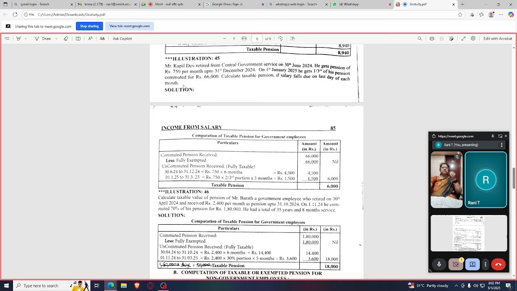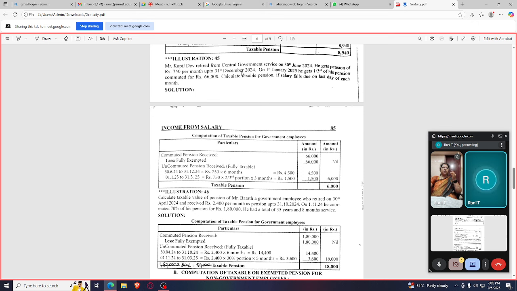So, let me go to the solution. 66,000, as it is commuted. What is the meaning of commuted? It is received lump sum. So, that is fully exempted. And what is uncommuted pension here? See, he is receiving 750 rupees up to 31st December.